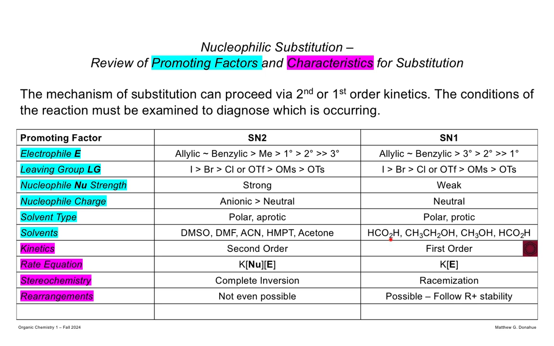For SN1, either acids or alcohols are good ones. The kinetics, that's what the number stands for, the 2 or the 1. There's the rate equation. For stereochemistry, SN2 gives you complete inversion, and then SN1 is racemization. So for rearrangements, that's only possible for the carbocations.